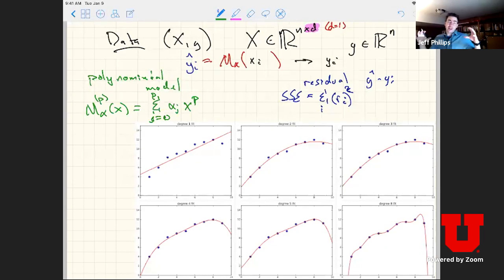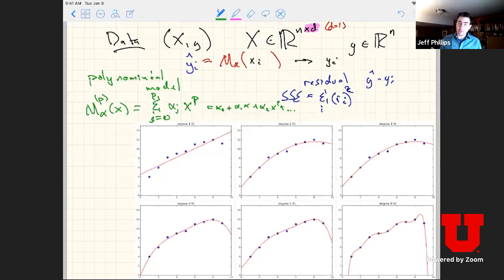And so if you expand this out, this would be alpha 0 plus alpha 1 x plus alpha 2 x squared, up to the pth power of x, right? So this is a polynomial model.